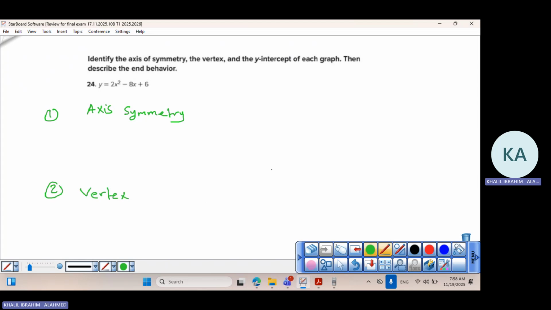The third, as you see here, y-intercept. This is a 3. Also 4 here, end behavior. Okay, let's show you how to solve this equation step by step.